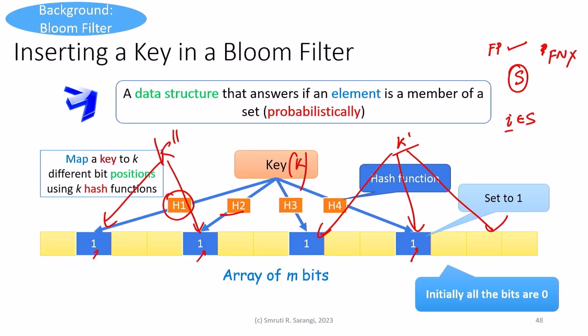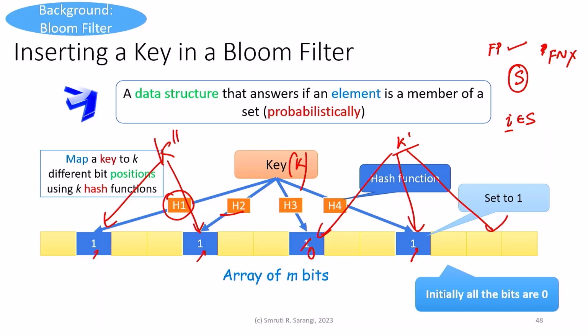But false negatives are not allowed, because a false negative will happen when one of these entries is 0. That cannot happen if key k is there. So this is a Bloom filter, and it's obvious that as I keep on adding more keys, more and more entries will become 1. It's very hard to remove.